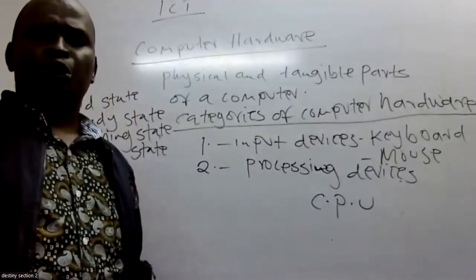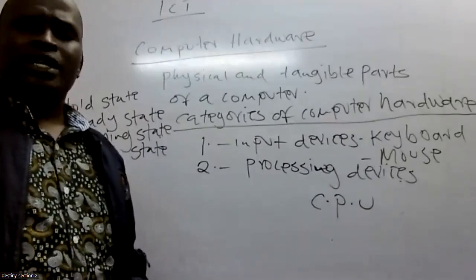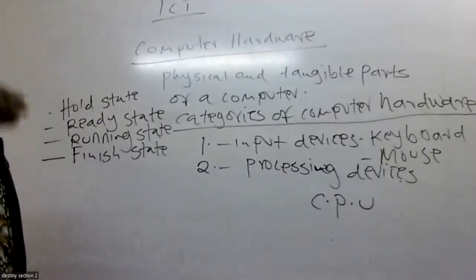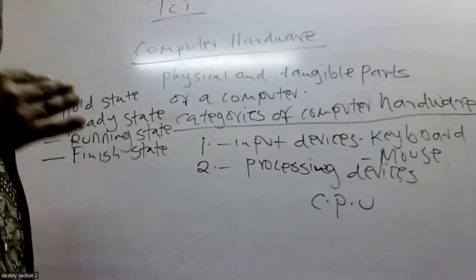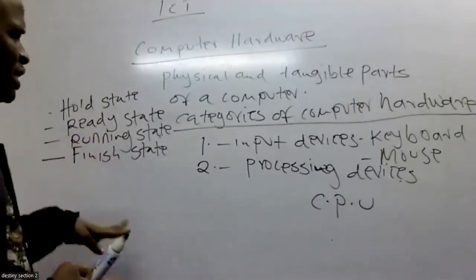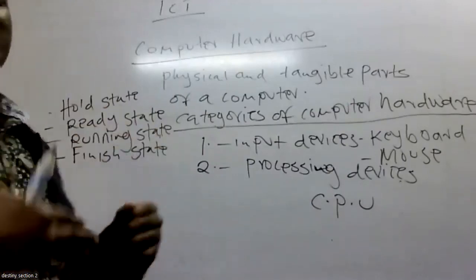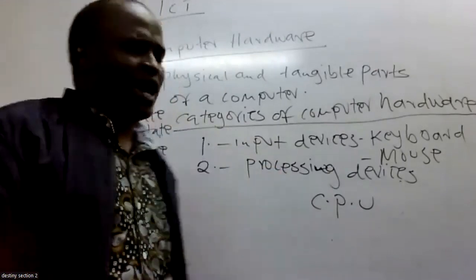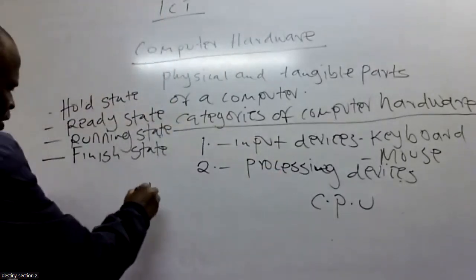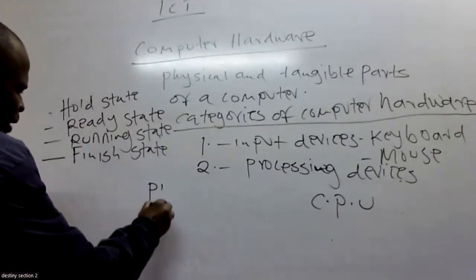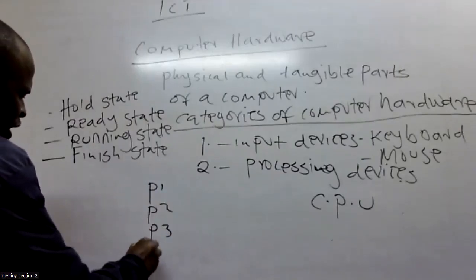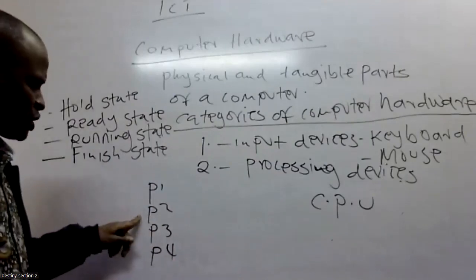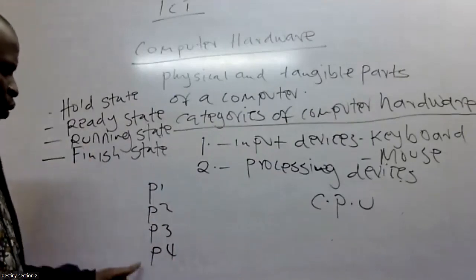So that is what you need to know from today onwards. And then sometimes in a computer, so many processes find themselves in the ready queue. What do I mean by that? Like for example, here we have process 1, process 2, process 3, process 4.